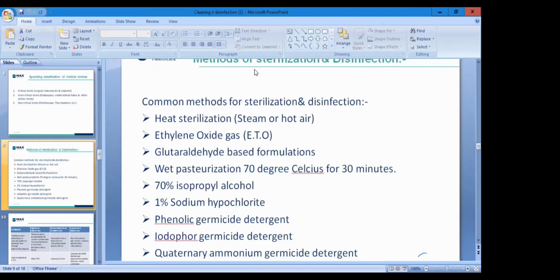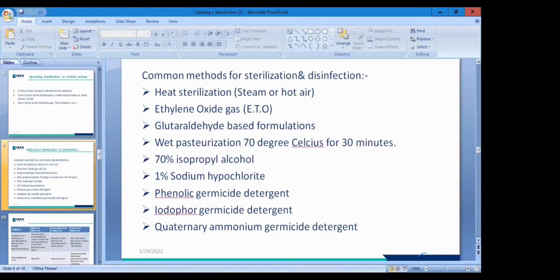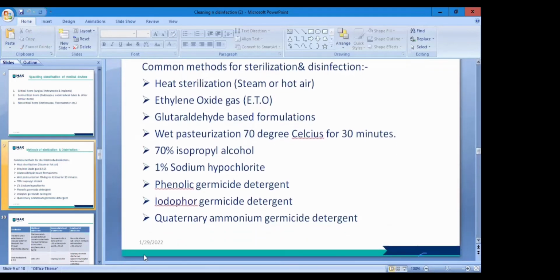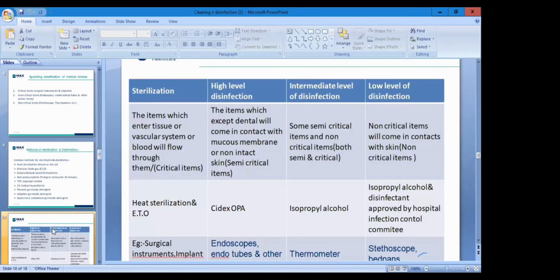Iodophor germicide detergent is also used for non-critical or semi-critical items. Quaternary ammonium germicide detergent is used for surface cleaning. So we have the R2 agent, which is usually used for cleaning these surface areas. Now, as I told you, sterilization includes high-level disinfection, intermediate-level disinfection, and low-level disinfection.